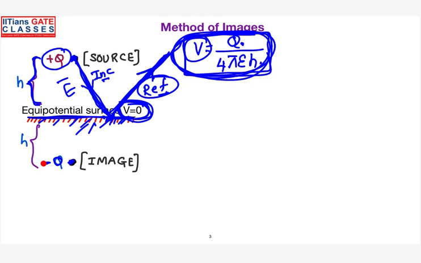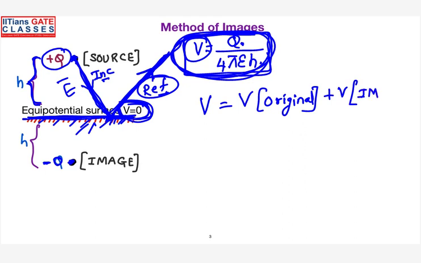Now you try to find out what is the potential on the ground right now. So the potential exactly at midway between the plates is nothing but the potential due to the original source plus potential due to the image source. So what is the potential due to the original source? That will be q by 4 pi epsilon into 1 by r. r is h here.